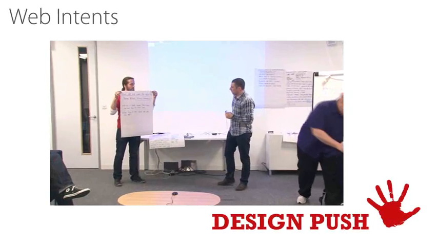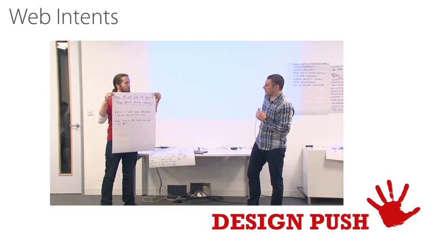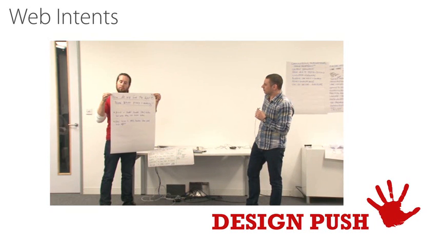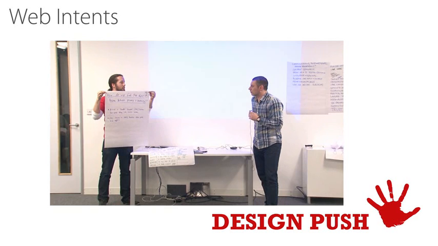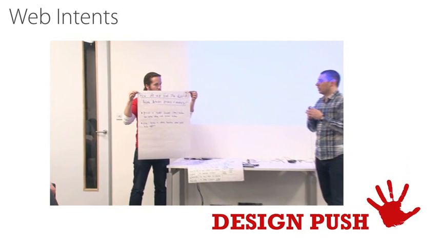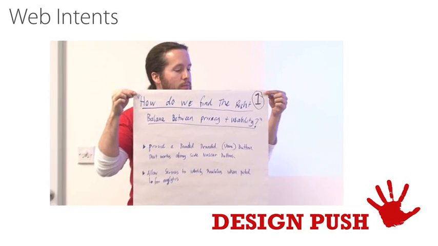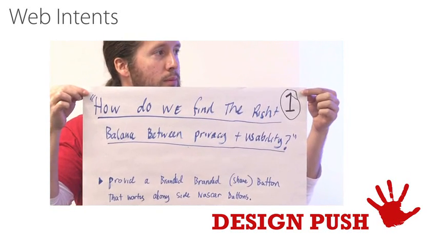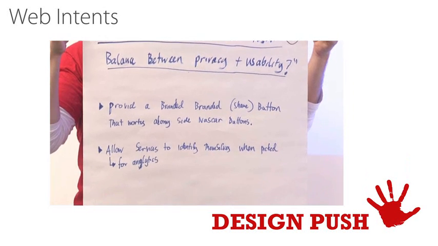Okay, so we were looking at linguistics and maybe the proposition, and the motivations around why people would want to actually do this. One of the things we were looking at was how to find the right balance between privacy and usability, and we came up with basically just two design principles.